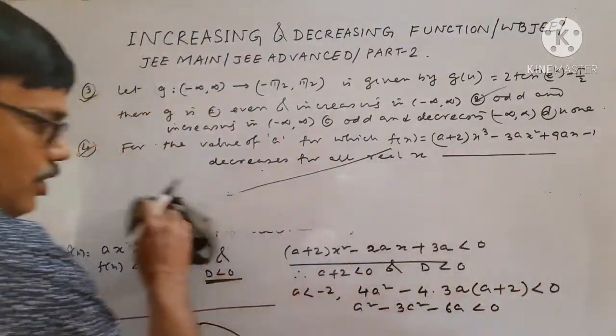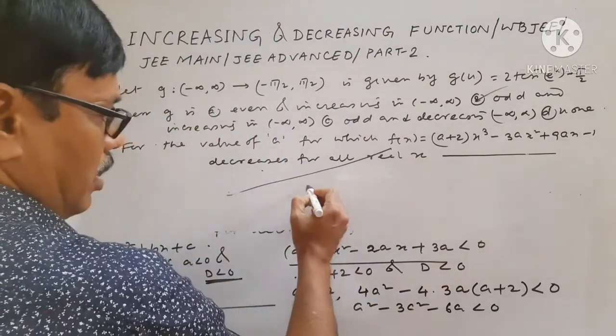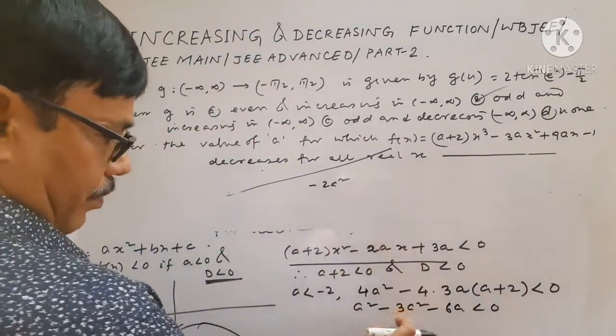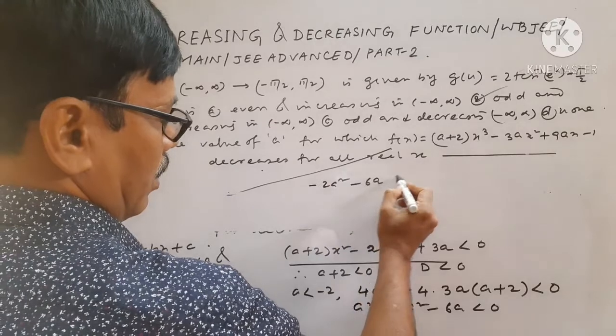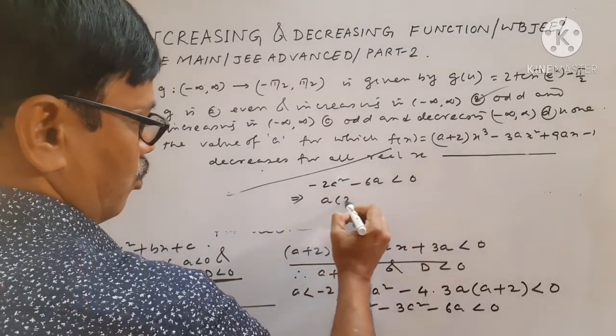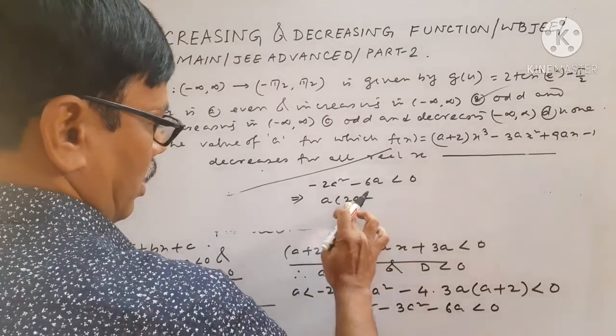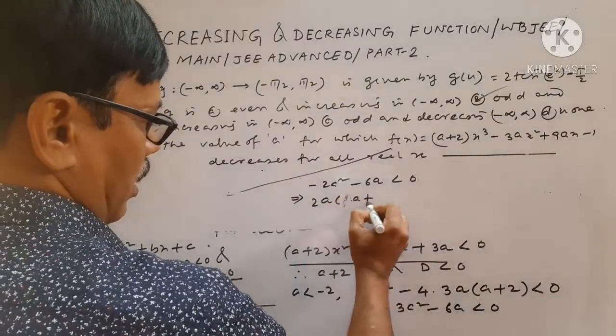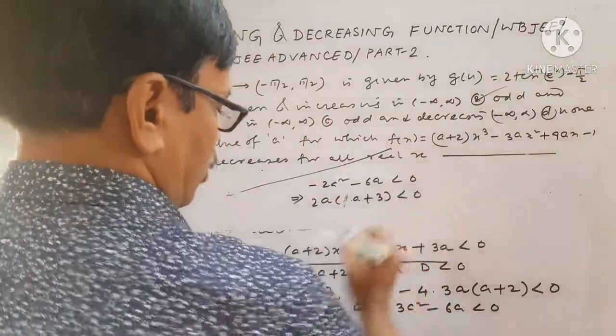So minus 2a square minus 6a less than 0. So 2a into a plus 3 less than 0.